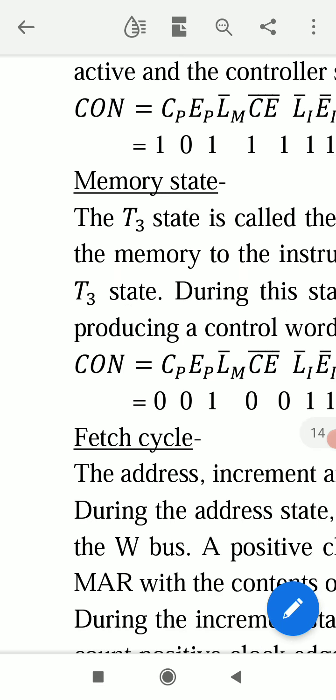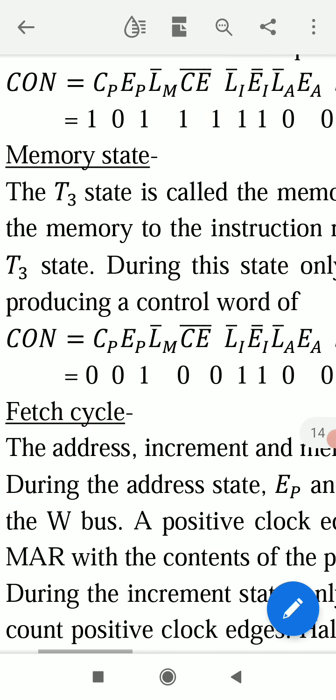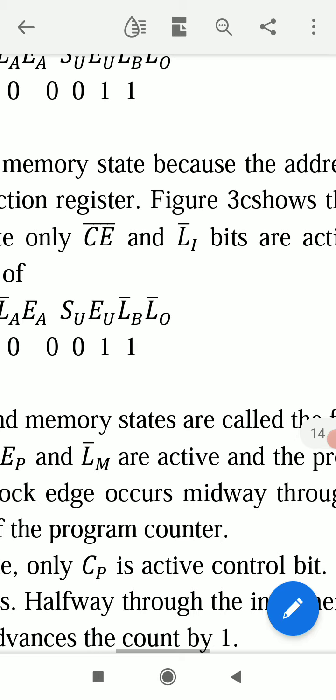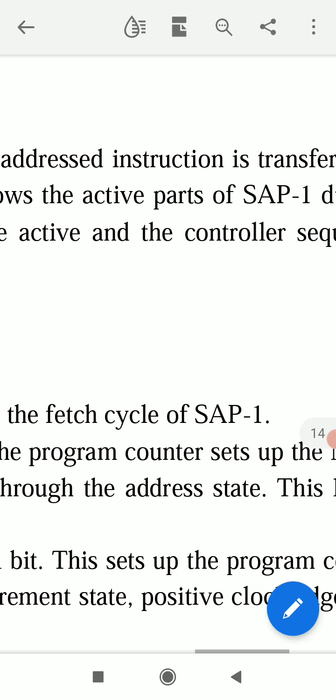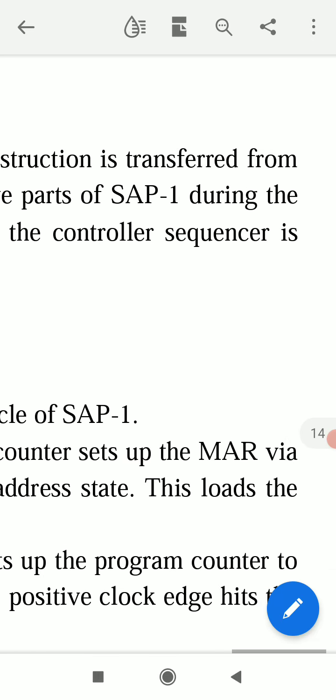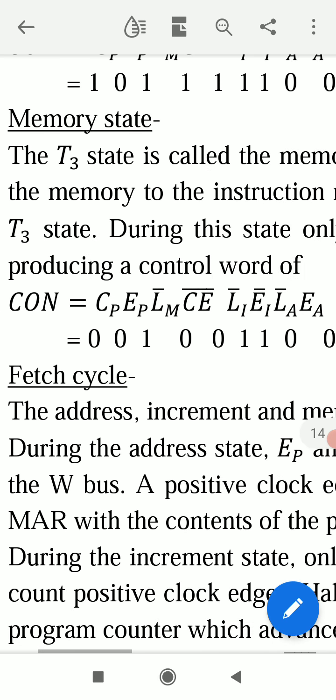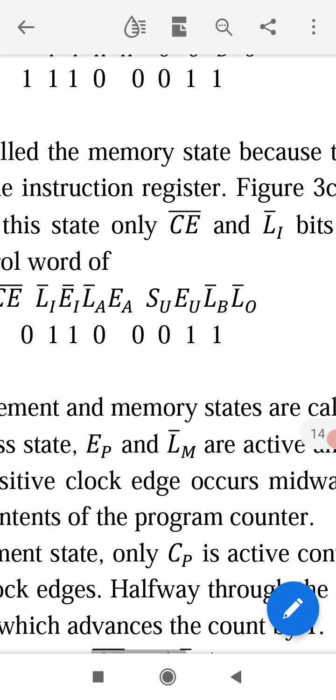Next state is T3 state, that is known as memory state. The T3 state is called the memory state because the addressed instruction is transferred from the memory to the instruction register.